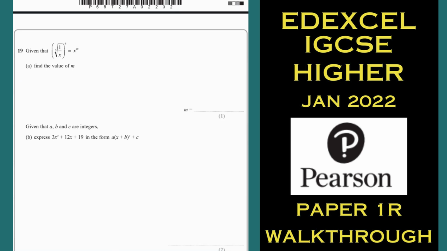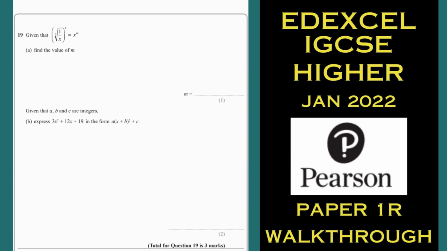19 part A. Yeah, a tricky looking, a non-standard one, but if you know your indices, should be okay. Do it one layer at a time. 1/x means x to the power of -1. You've got all that raised to the power of a cube root.